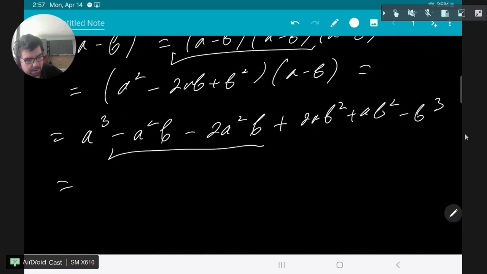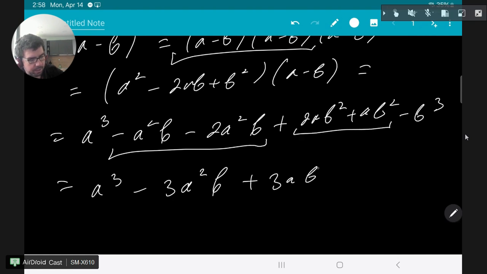Add the similar monomials: a to the power of 3 minus 3a squared b plus 3ab squared minus b to the power of 3.